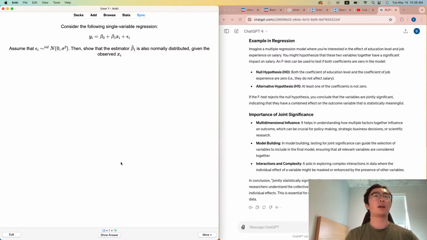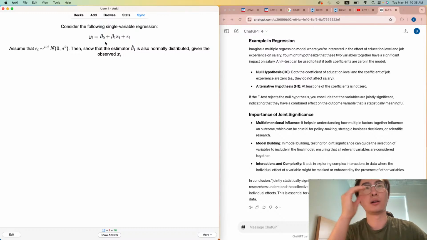Okay. So we can show here that I believe the epsilon_i is normal, and this is the same as y minus beta 1 x1 minus beta 0.